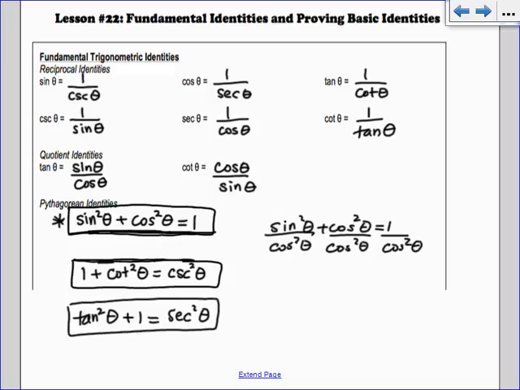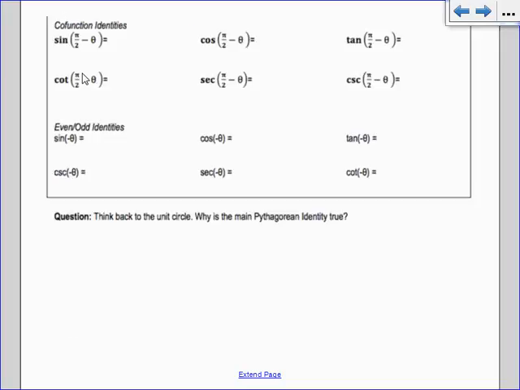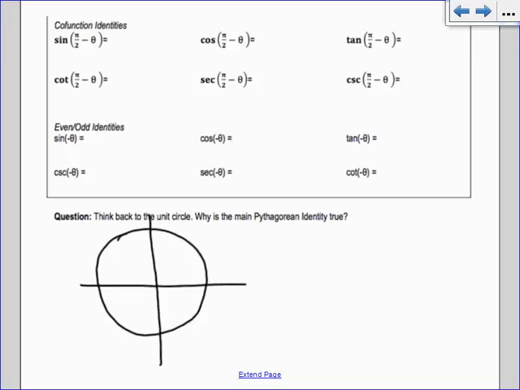So the question is, where does that come from? Think about your unit circle. Why is the main Pythagorean identity true? On your unit circle, we know that for any theta, the x value is your cosine and the y value is your sine, right?